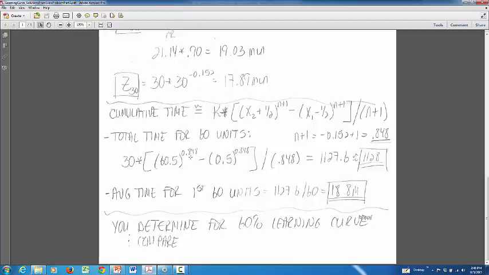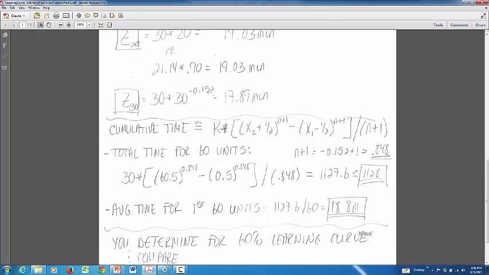That is our n of negative 0.152 plus 1, which is 0.848, minus our x1, where we're starting, in this case the first unit, minus 1/2, raised to the n plus 1, which we know is 0.848. All of that is multiplied by 30, and then divided by n plus 1. And that turns out to be 1127.6 minutes.